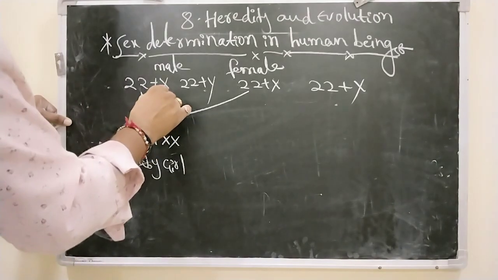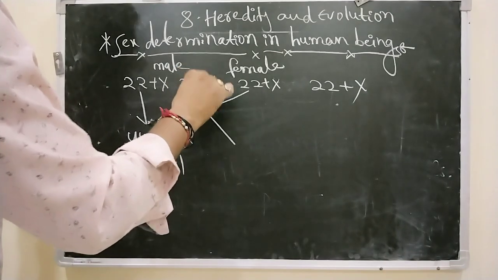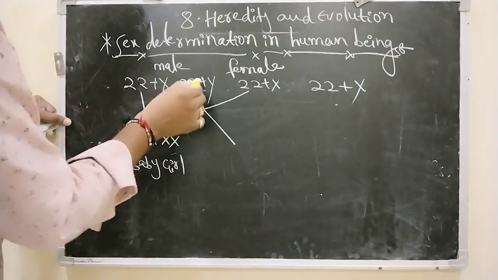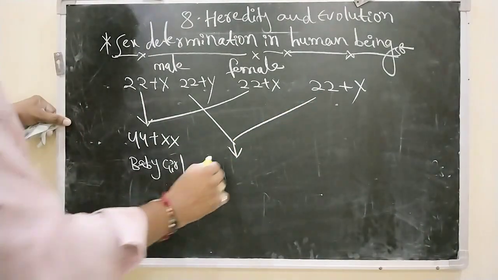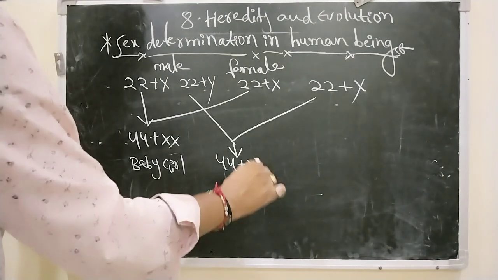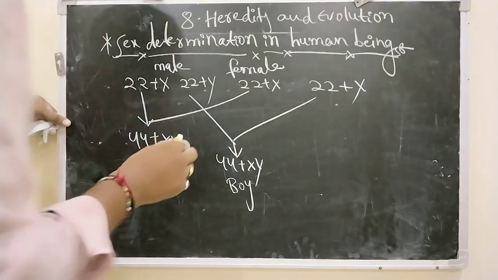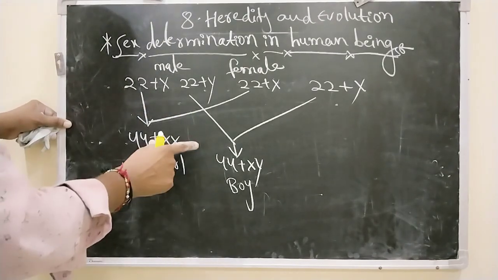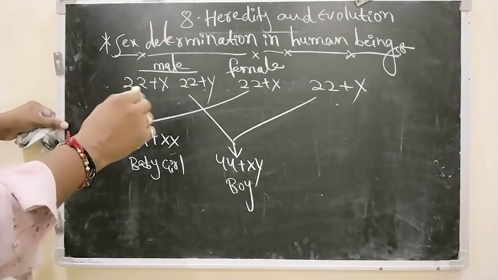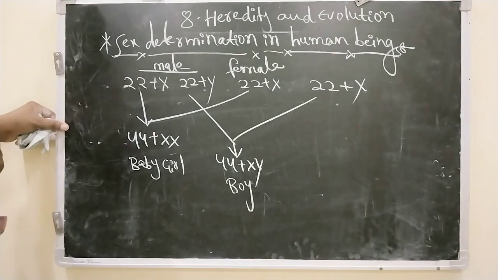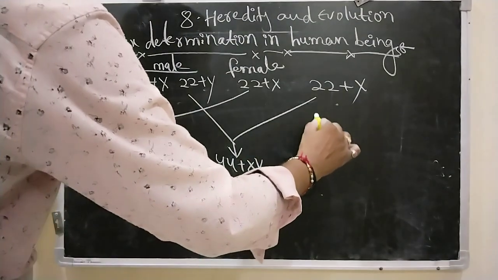If the sperm carrying Y chromosome fuses with the ovum, then the condition is 44 plus XY. Then the resultant baby will be a baby boy. So the chance of determining sex is determined by the male. That is why the sex of a baby is determined by the father.